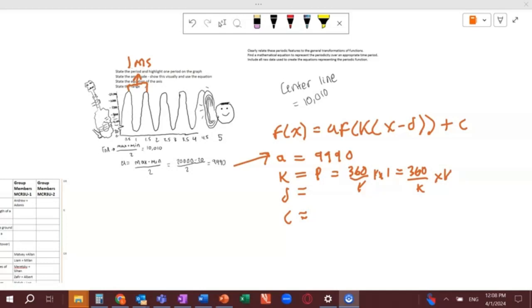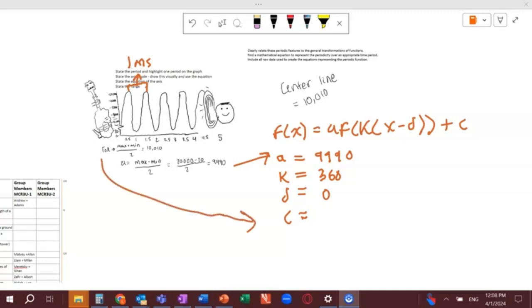So in all, K is going to equal 360. Since there's no phase shift, the D value is going to be 0. And the C value, which is the equation of the axes, is solved over here. That's 10,010.